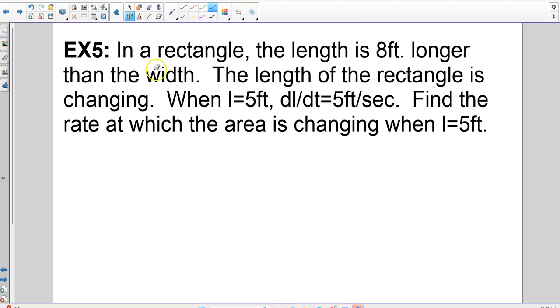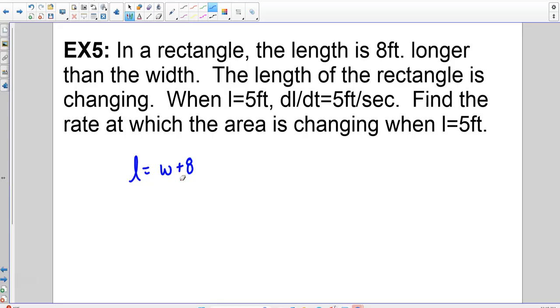So in a rectangle, the length is 8 foot longer than the width. So length is the width plus 8, right? The length of the rectangle is changing. When L equals 5, dL dt equals 5 feet per second.